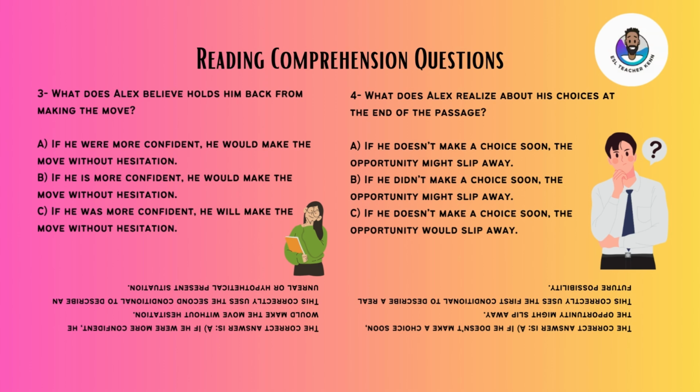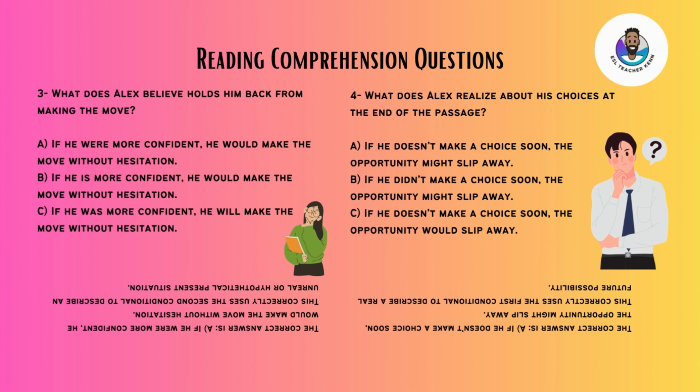And number 4. What does Alex realize about his choices at the end of the passage? A. If he doesn't make a choice soon, the opportunity might slip away. B. If he didn't make a choice soon, the opportunity might slip away.